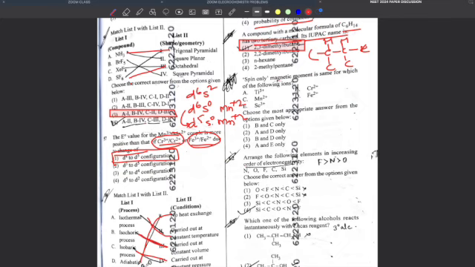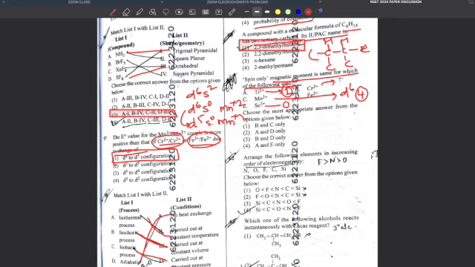Next, the spin only magnetic moment is the same for which of the following ions? Scandium is 0. Mn plus 2 has d5 configuration, which means 5 unpaired electrons. Titanium has 1 electron.